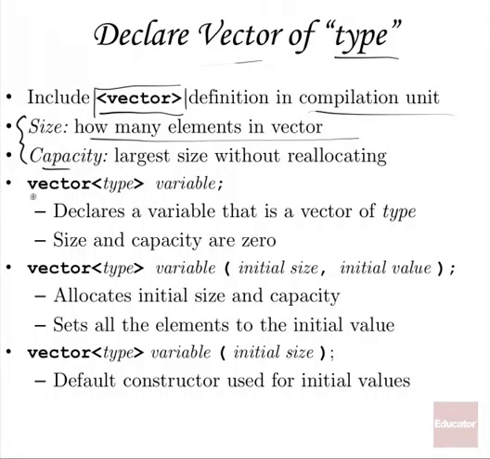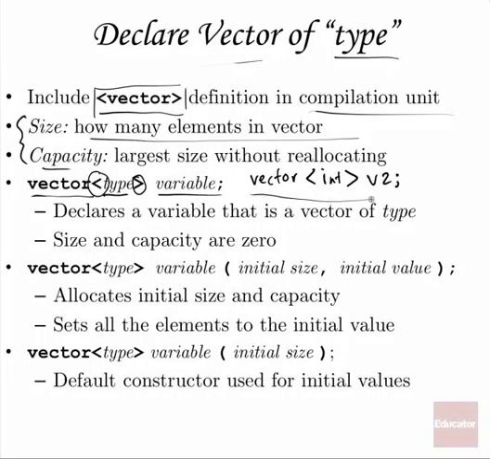So here's how we declare a vector. We have the keyword vector, your less than symbol, the type of the data that's going to be put into the vector, your greater than, and then the name of the variable. Like so, let's say we have an integer vector. So we'll have vector int, and then the name of it, let's call it v2. So now we have a vector.